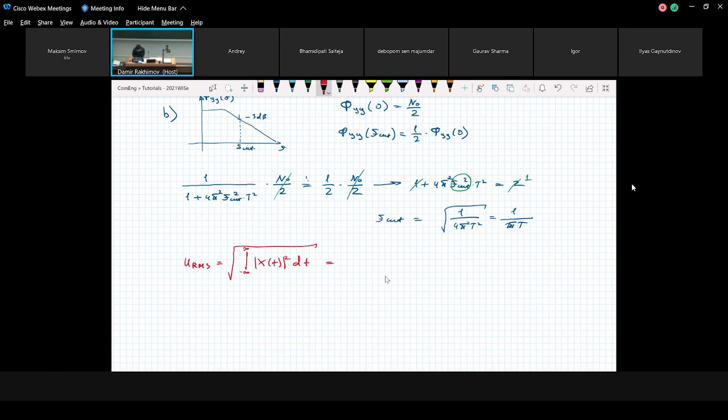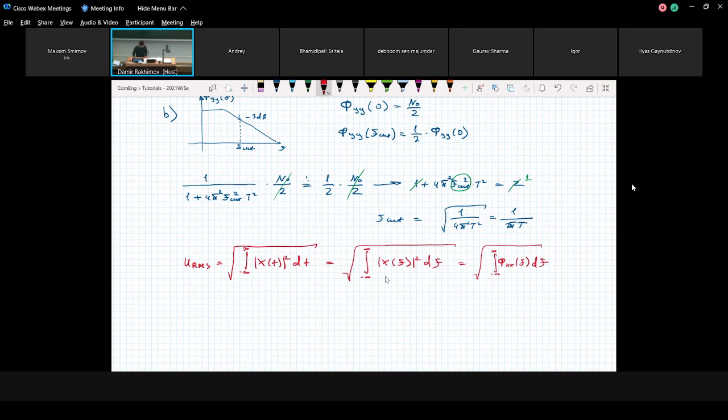Or we can use the frequency domain and integrate the power spectral density of u of f, and we know our transfer function.